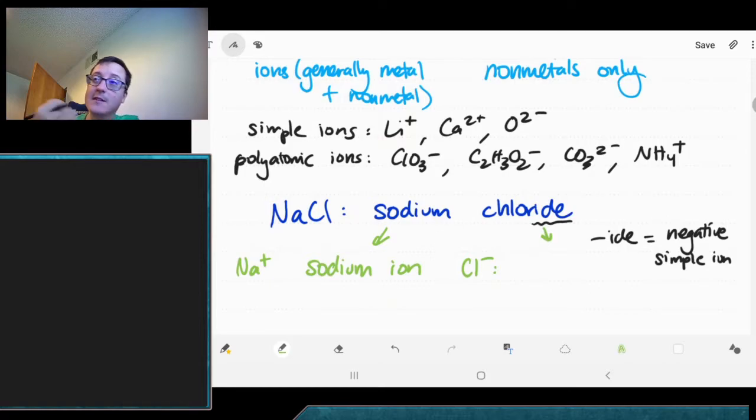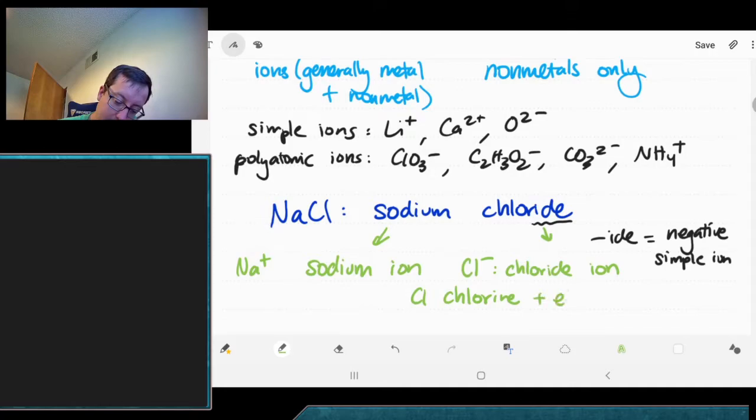Simple ones, so ones that are one atom only. This is the chloride ion. And that comes from chlorine, which is Cl. Give it an electron, it becomes Cl-, which is chloride.